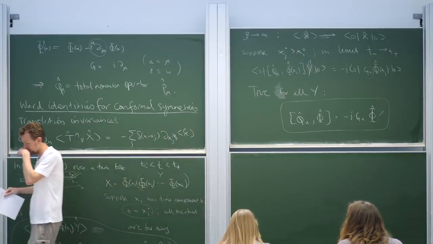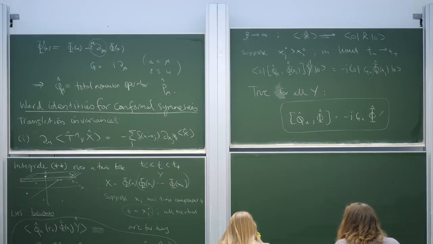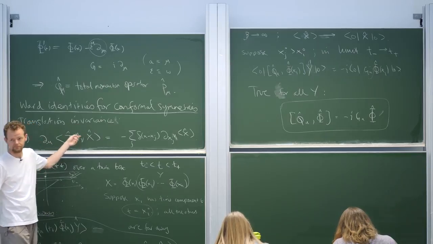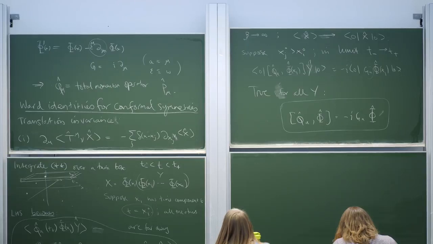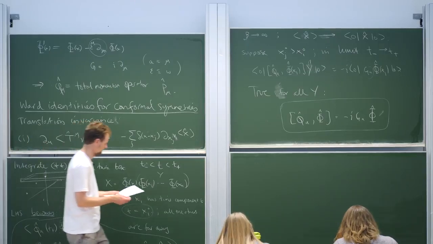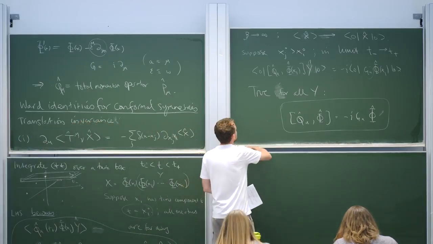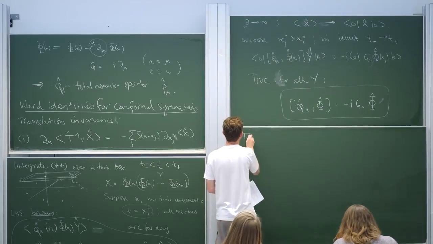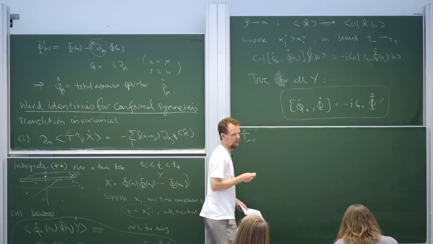Hopefully you remember that when an action is invariant under translations, the conserved current is a thing called the energy momentum tensor. We're going to see a lot more of this thing.